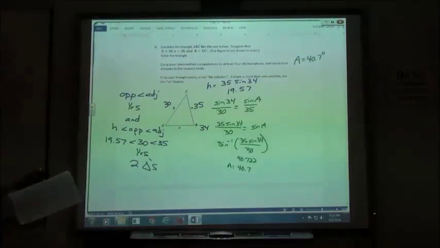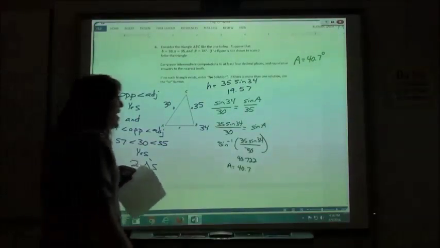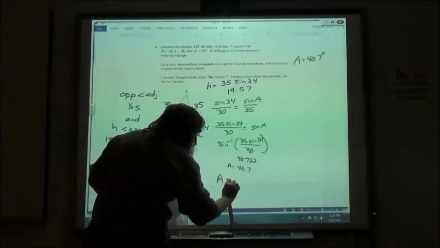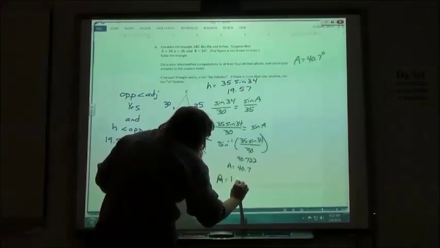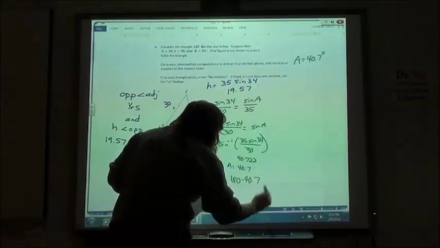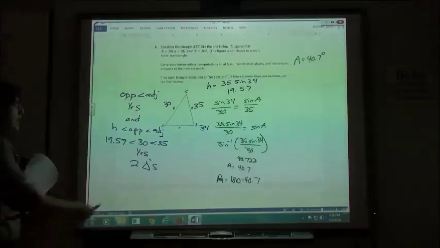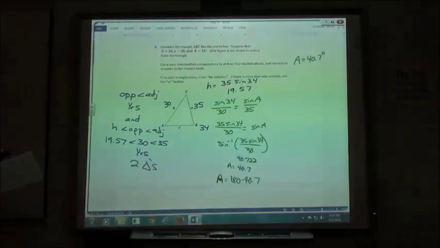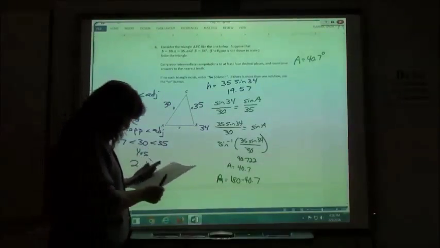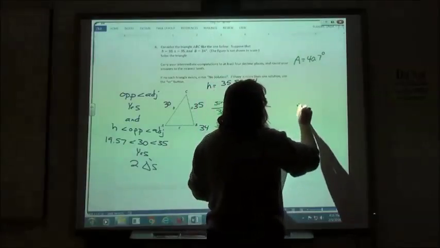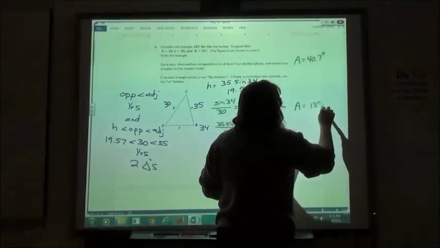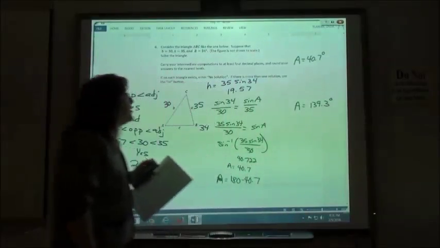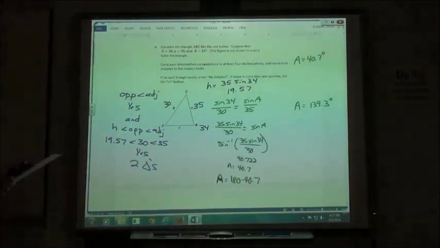If A happens to be the obtuse angle, what I'm going to do for my other angle A is take 180 and subtract the 40.7. If it's obtuse instead of acute, making a straight line across here, I would take 180 minus 40.7. So 180 minus 40.7 gives me 139.3. So I'm going to have a second set of answers. 139.3 is going to be my other answer for angle A, because I'm going to have two different triangles.